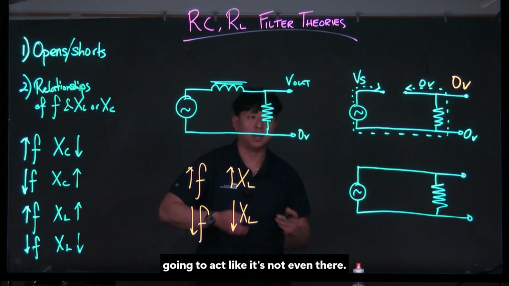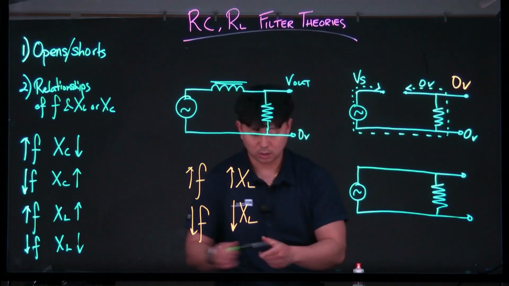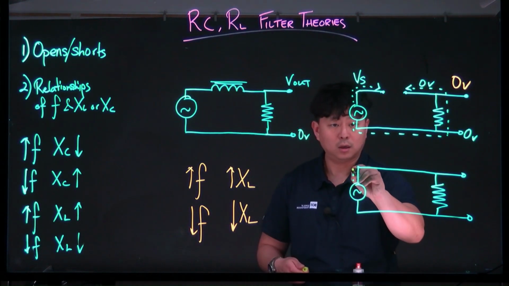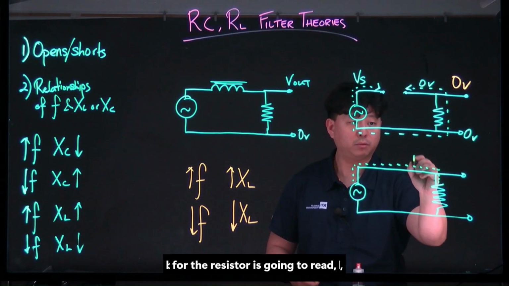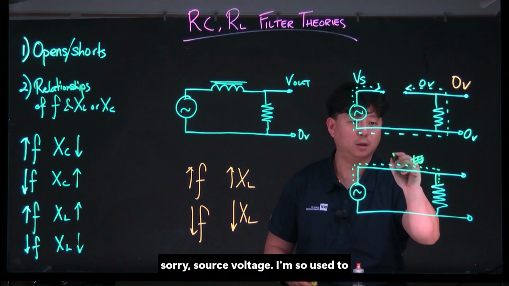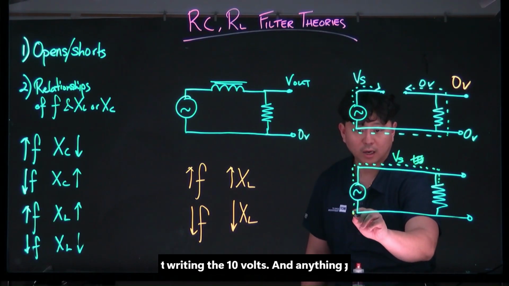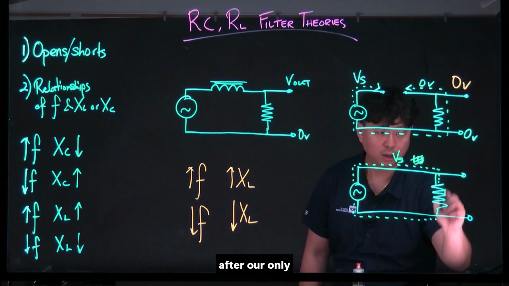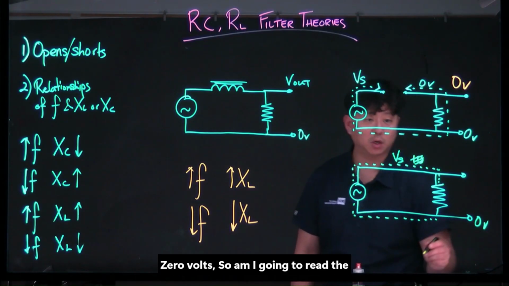It's going to act like it's not even there. When that happens again, anything before the resistor is going to read source voltage. I'm so used to writing the 10 volts. And anything after our only resistor is going to be 0 volts.